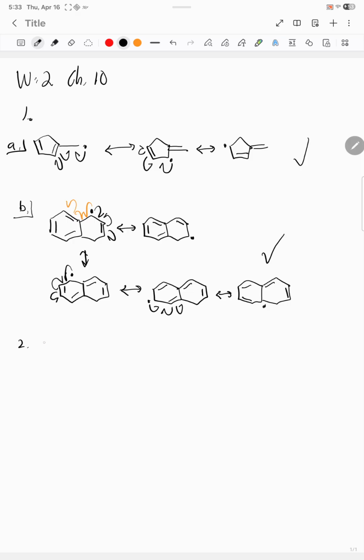We have to rank from most stable, 1, to least stable, which is 6. Let's go about it.